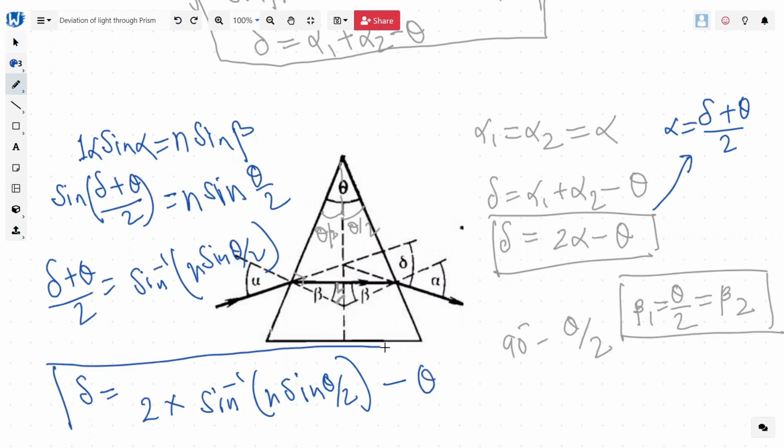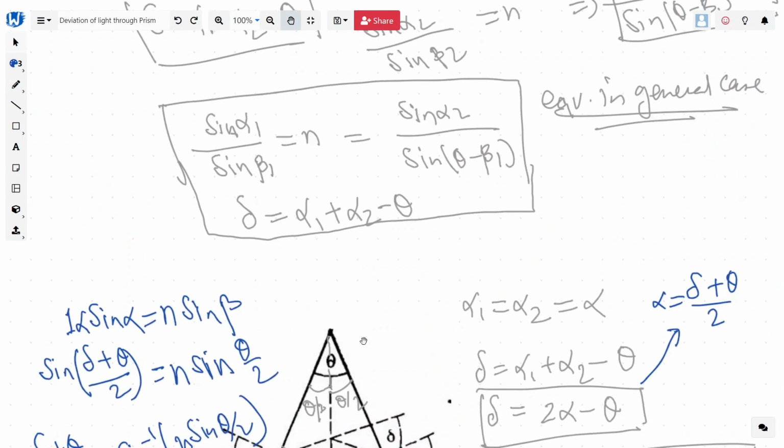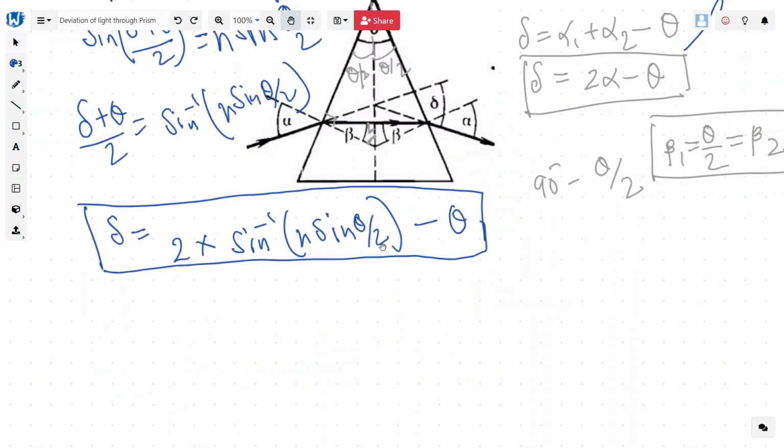Okay, so this is our deviation in case of symmetrical passage of ray, and we now have a better equation compared to this one where we are trying to solve this. Now the question is that in what case we are going to have this deviation as a minimum, right?